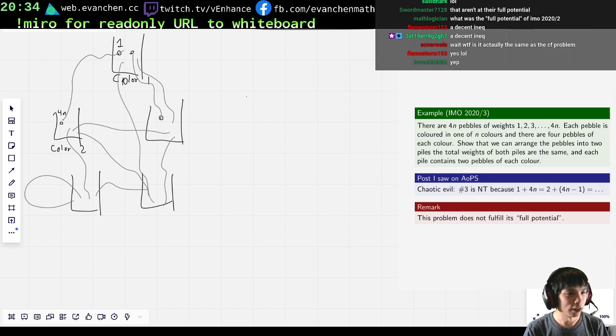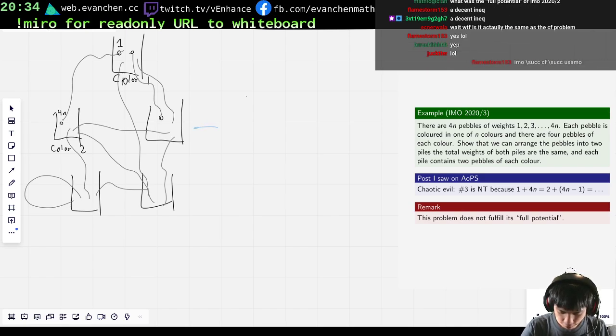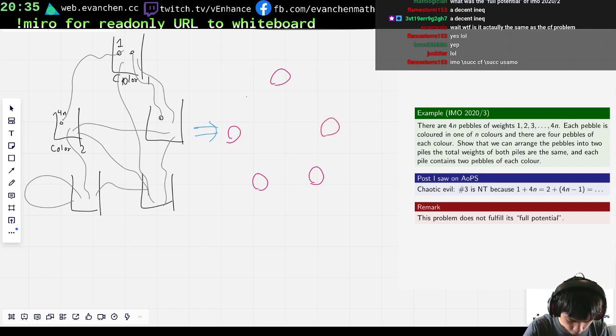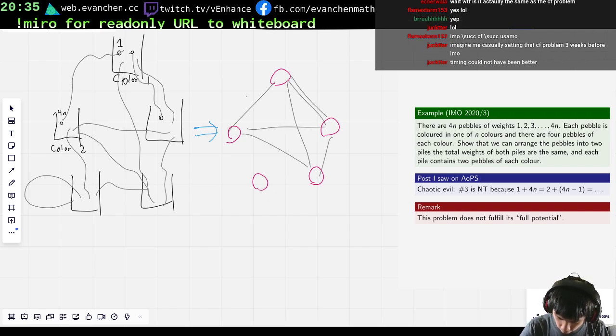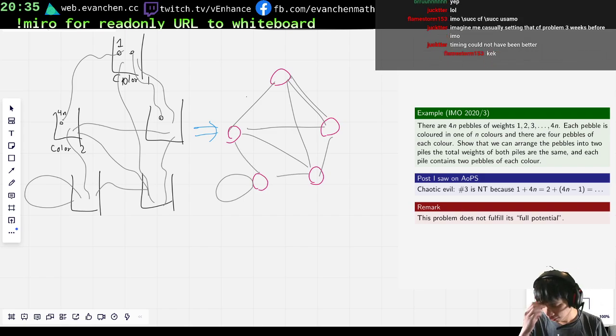So what I've done is I'm drawing a bunch of strings between the rocks, and if I do this, what's happening is I get a graph. The graph looks like this. Okay, so that's what's happening, and what does it mean to put it into 2 piles?